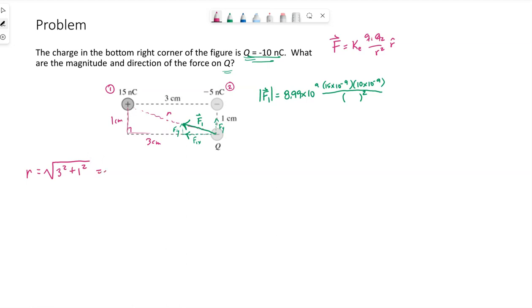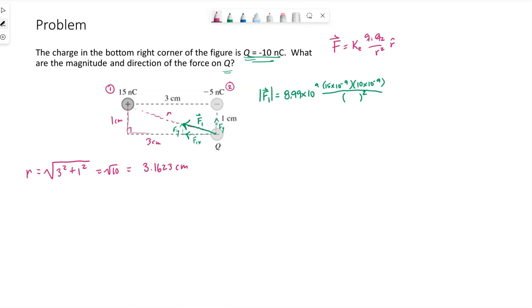we find this is the square root of 10, but I do want to write this in decimal form because I'm going to have to convert it to meters. So it is 3.16, not 3.23 centimeters. And again, I use a few decimal places since I'm not at a final answer.